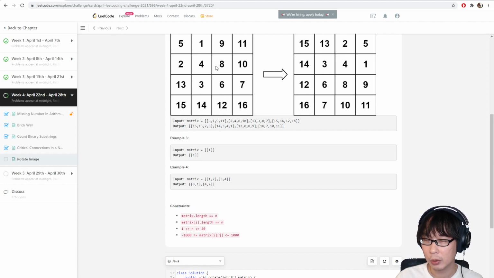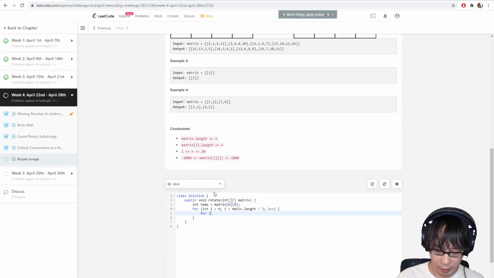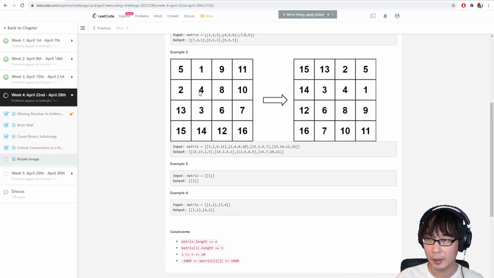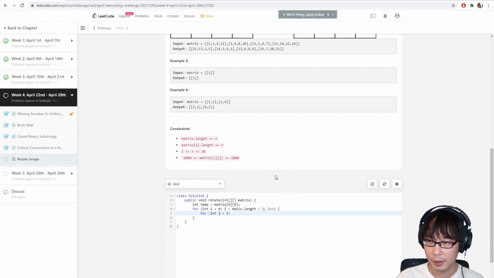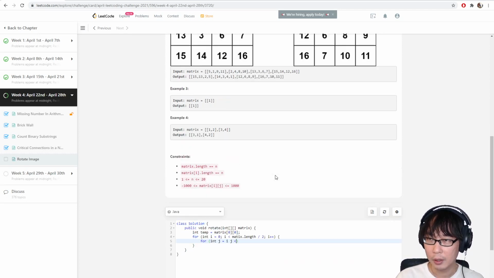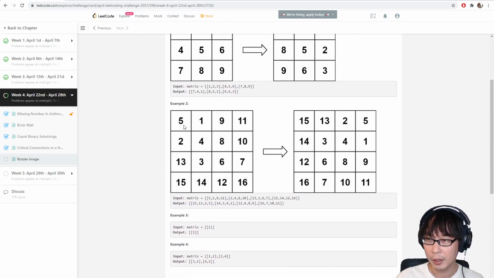So we have an integer j equals i, and j smaller or equals to, originally for the first layer, the length minus 1, and then this minus 2, right, because we shrink.